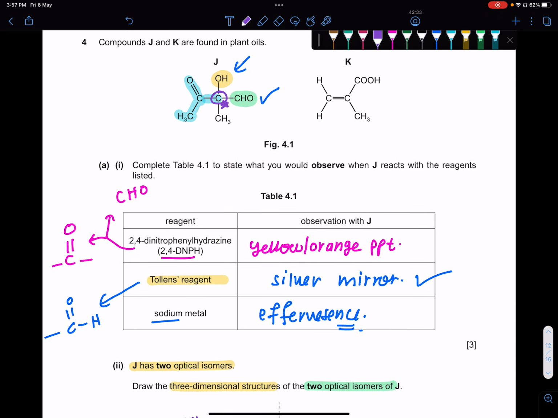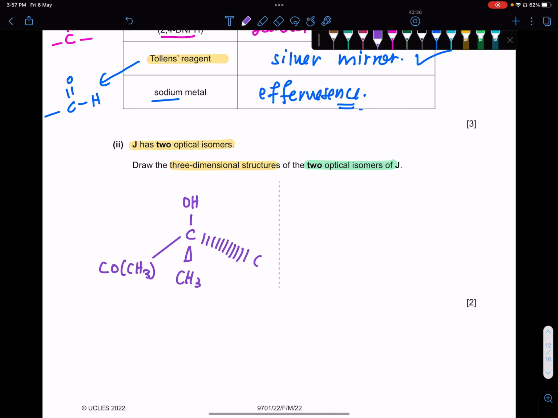What is on here? It is CHO. Now on the other side, draw the exact mirror copy of that. CHO, another wedge, again CH3. Now on this side, COCH3, and towards the mirror again CHO. This is the 3D structure.